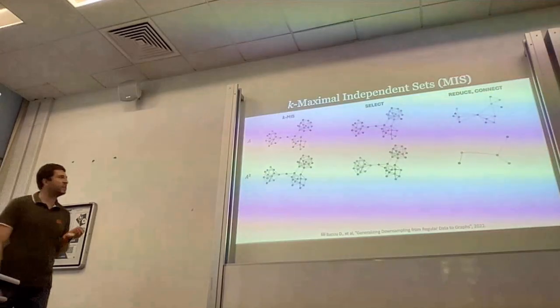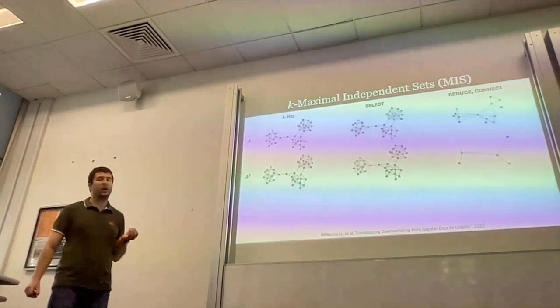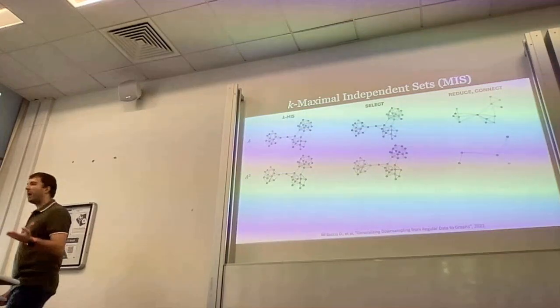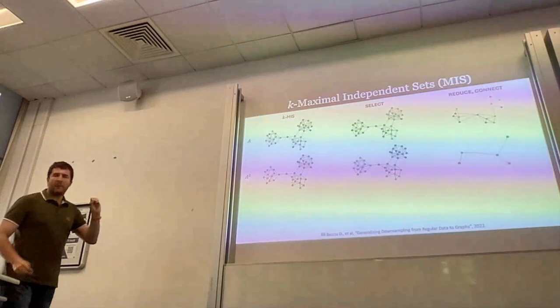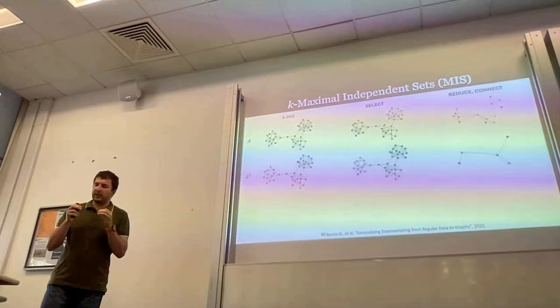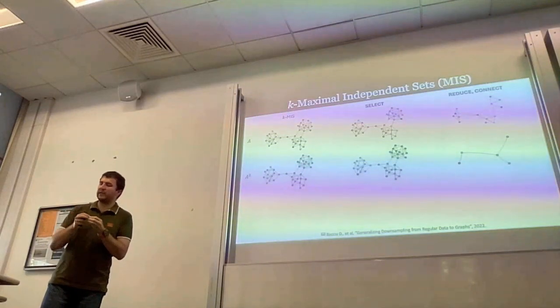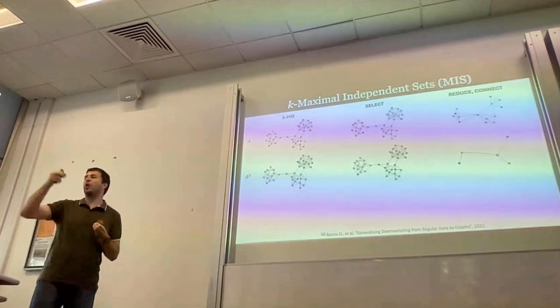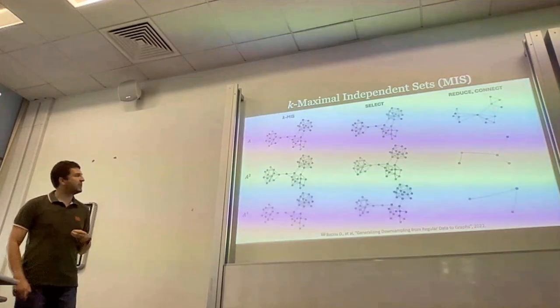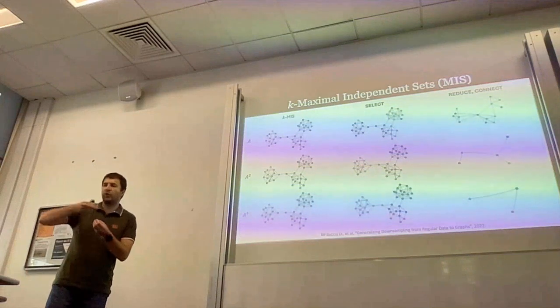But if I consider the maximum independent set of the K power of the adjacency matrix, then it means that I'm finding nodes in this maximum independent set so that to reach another, I have to do at least 3 hops, okay? And if I consider K equal 3, I need to do 4 hops.